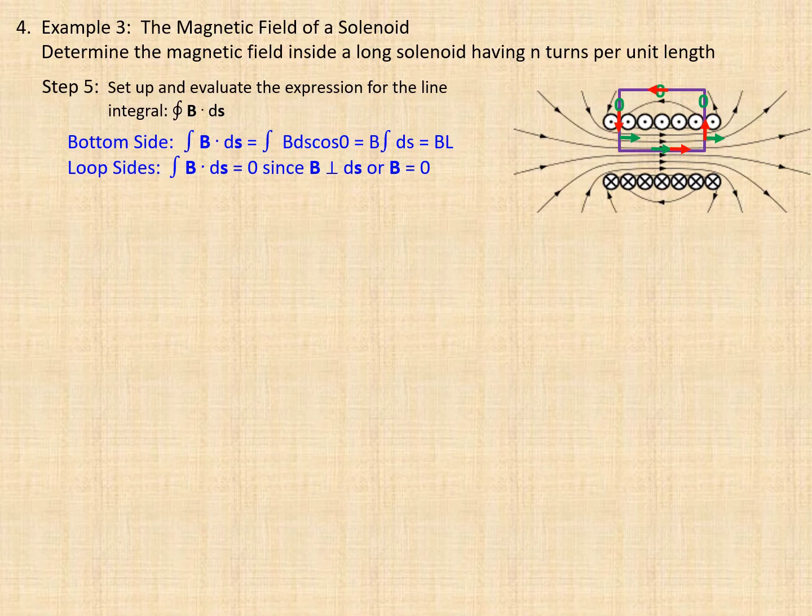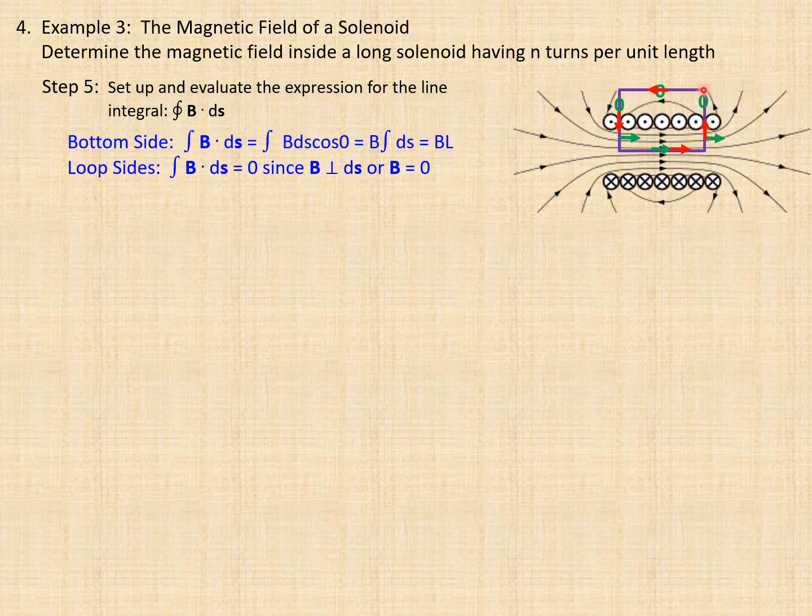Now for the sides of the loop, we notice that the magnetic field is either constant or 0 in value, but either way the line integral will have a value of 0. For the portion of the loop, let's say here, where there is a field, we notice that the field is perpendicular to ds, which gives us a 0 value for the line integral.